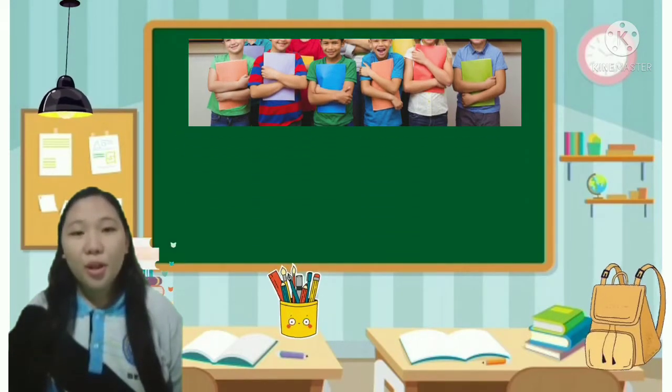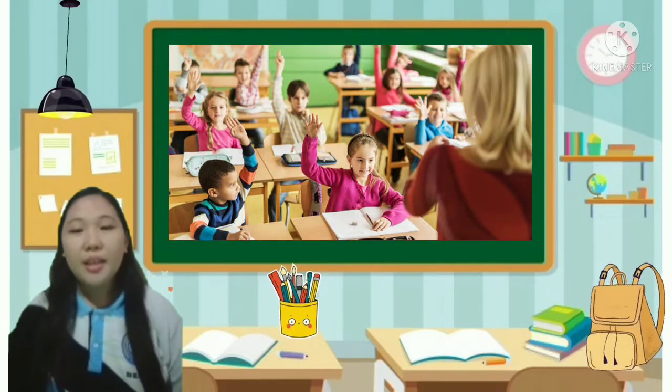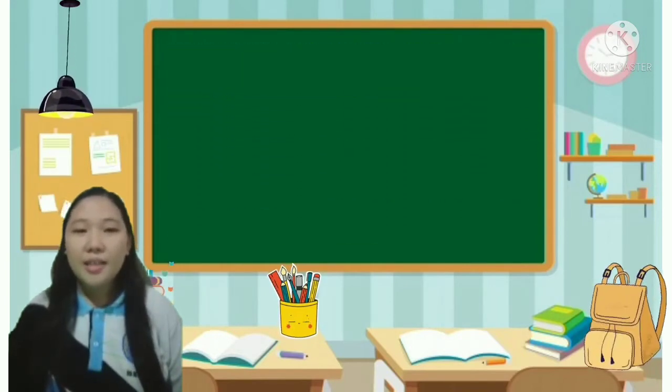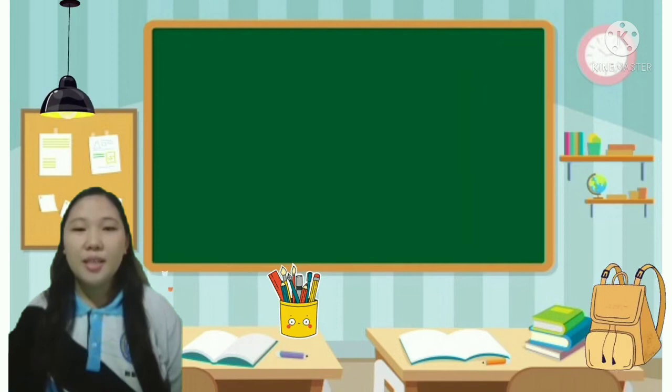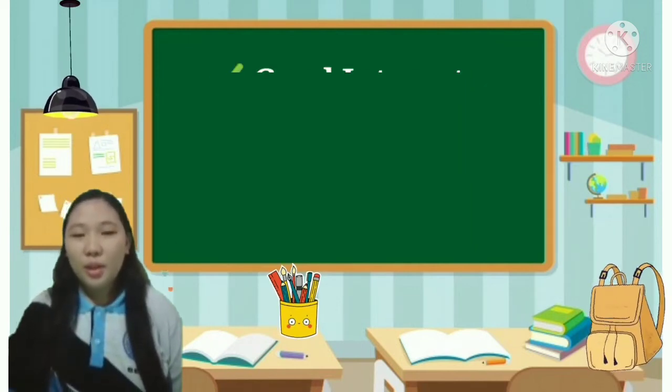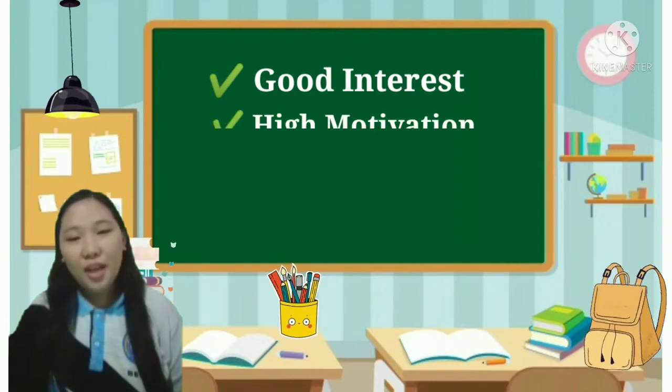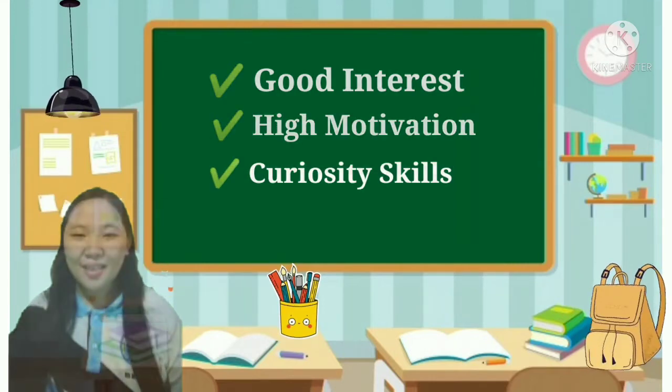Because it is important to run the learning environment smoothly, organize and develop a relationship of trust between teachers and students in achieving good interest, high motivation, and curiosity skills.